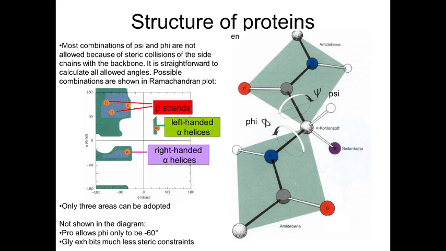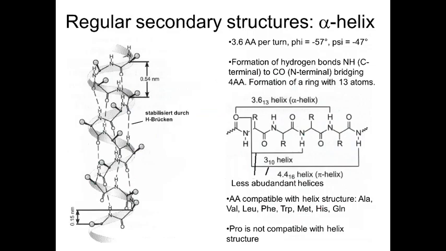Their phi has to be minus 60 degrees. That has to do with the connection to the amine. And finally, glycine allows many more angles to be adopted because glycine does not contain any side chain except the hydrogen atom, which is much smaller than any of the side chains of the other 20 amino acids.